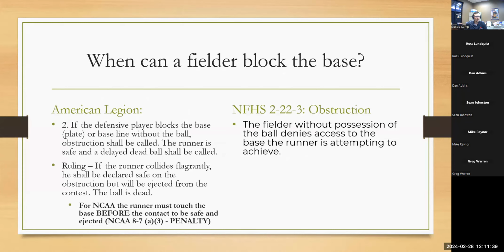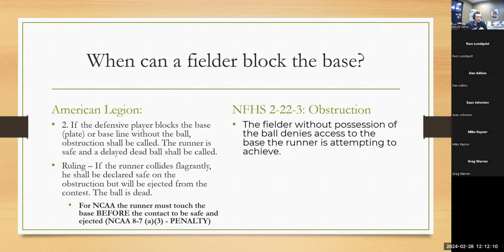So let's talk about when a fielder can block a base. We'll start off with the high school rule. It's very simple. It's without possession of the ball. It is obstruction if the fielder denies access to the base that the runner is attempting to reach. Legion has a little bit different of a rule, but they still have the same principle that you can't block the base without the ball.